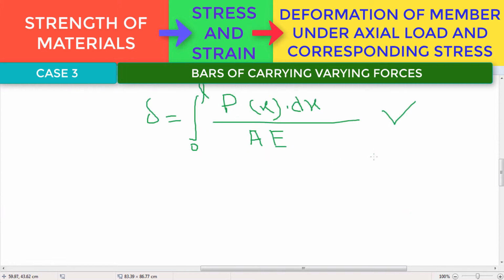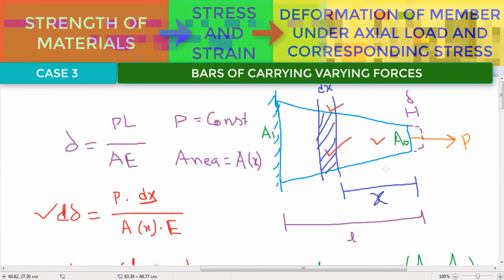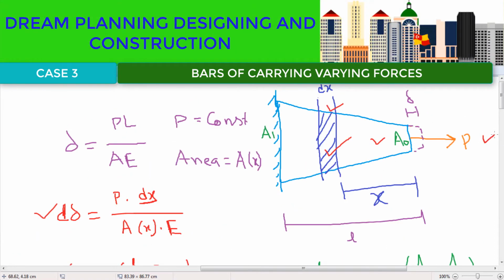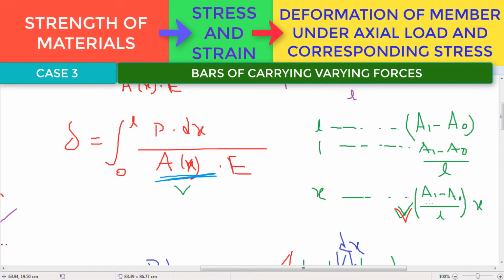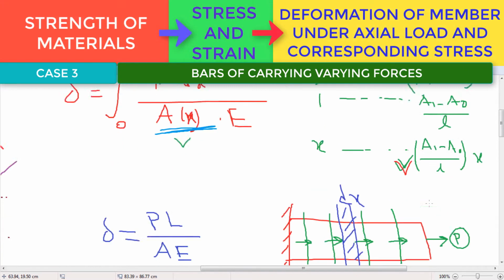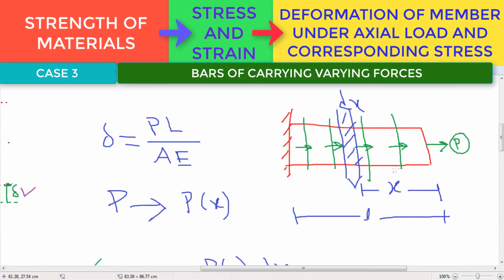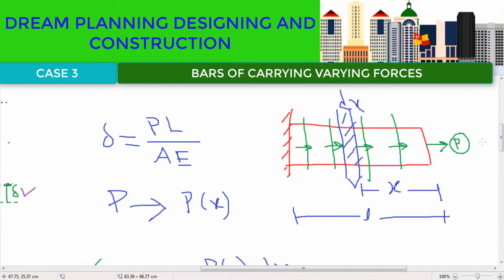Here in both cases we can also determine stress, because in the first case P is constant and we also determine the area. So stress equals P by A, that is we can determine stress in each section. And there is also another case, where force is different in each section, so for each section stress equals P by the corresponding area.